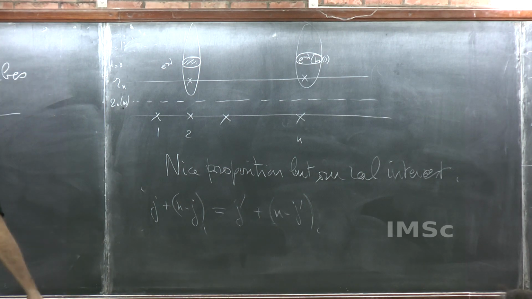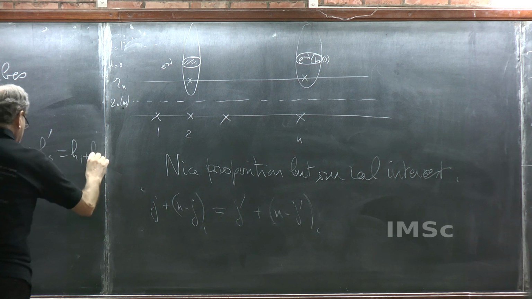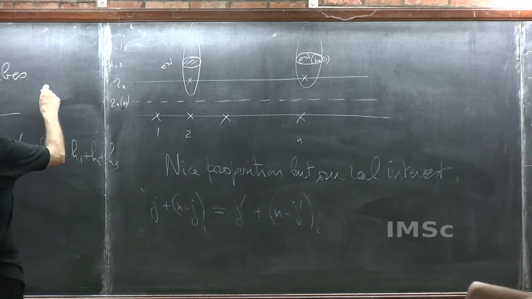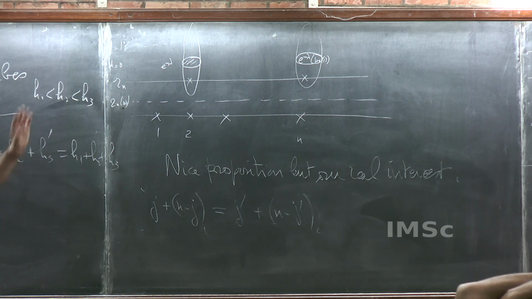Now when you are saying something like that, they need not be exactly the same. If you have h1 prime plus h2 prime plus h3 prime equal to h1 plus h2 plus h3, it doesn't mean at all that it is essentially the same. You can always order them, if you wish, by taking h1 less than h2 less than h3, and even leaving aside the representations for which you have two elements in common.